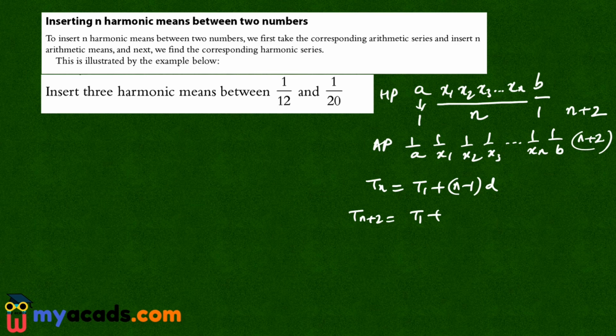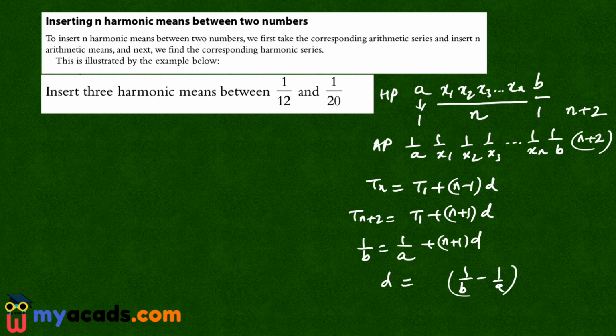Now I will put n plus 2 for n, so it will become n plus 1 into D. Now the Tn plus 2 term is 1 by B and the first term is 1 by A. So this equals n plus 1 into D. So from this equation I can find D, that is the common difference. It is equal to 1 upon B minus 1 upon A, divided by n plus 1. So this way I have calculated the common difference D.